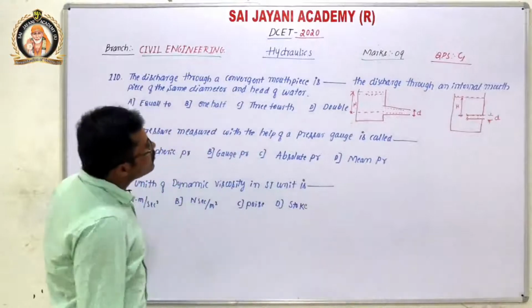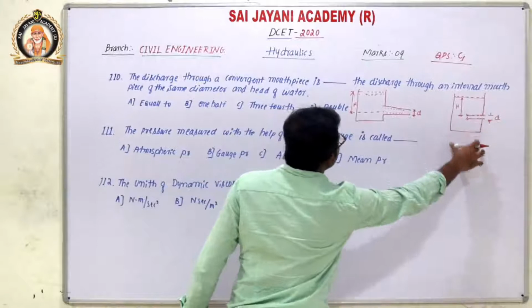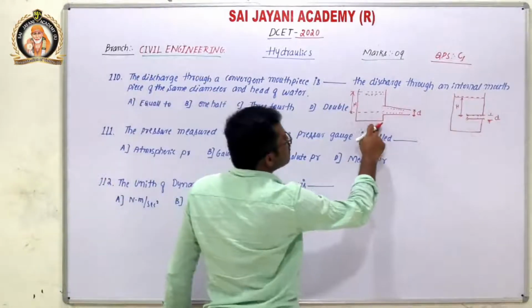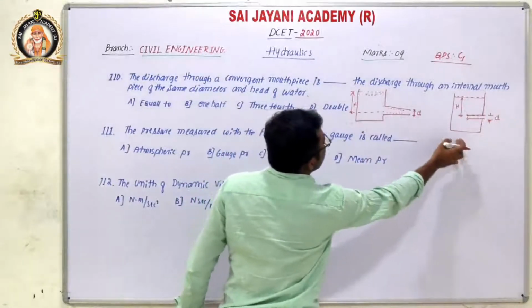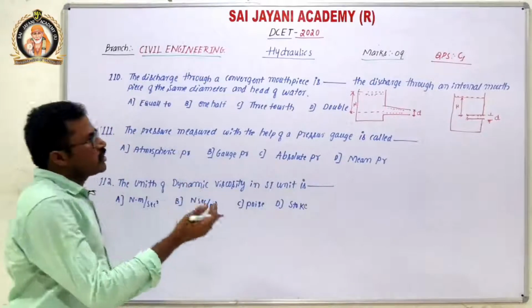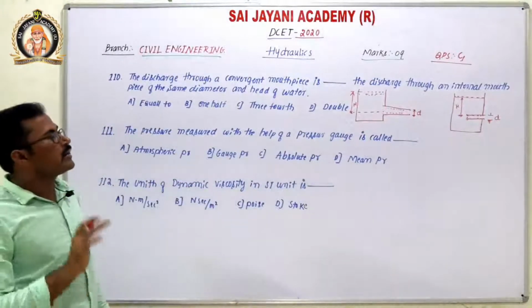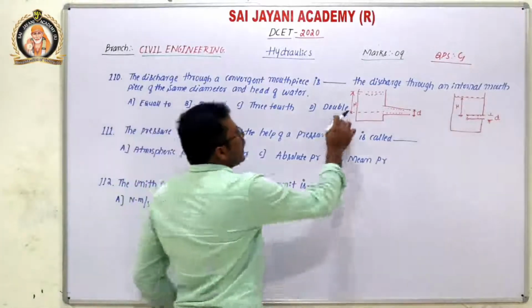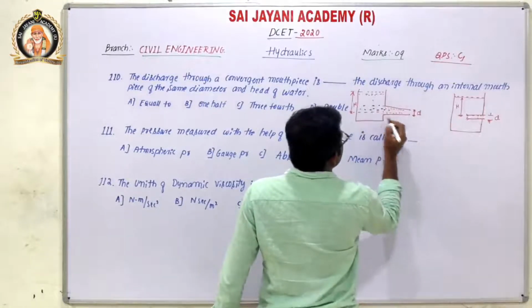Then the discharge through the convergent mouthpiece is always 2 times the discharge through the internal mouthpiece when they are subjected to the same head and the same diameter.